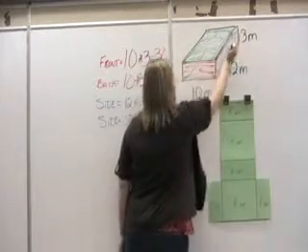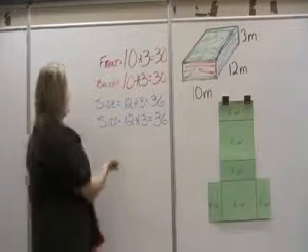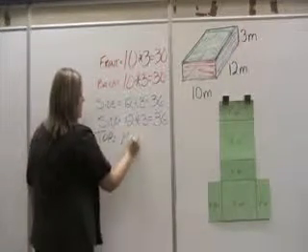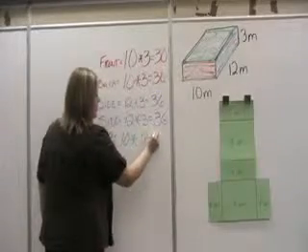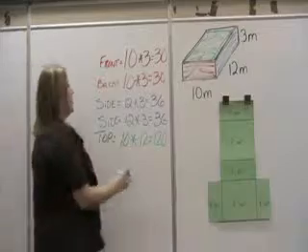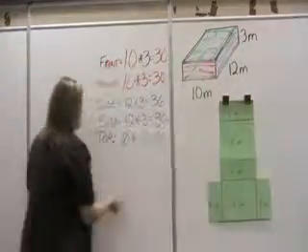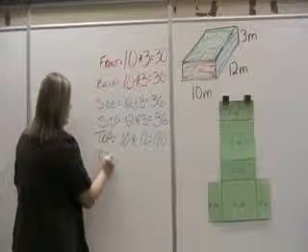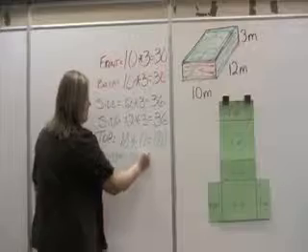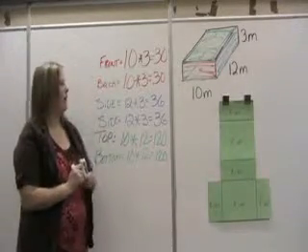And I know that this one is the same as that one, so my top is a 10 by 12, or 120 meters squared. My top will be the same as the bottom. So a 10 by 12, or 120 meters squared.